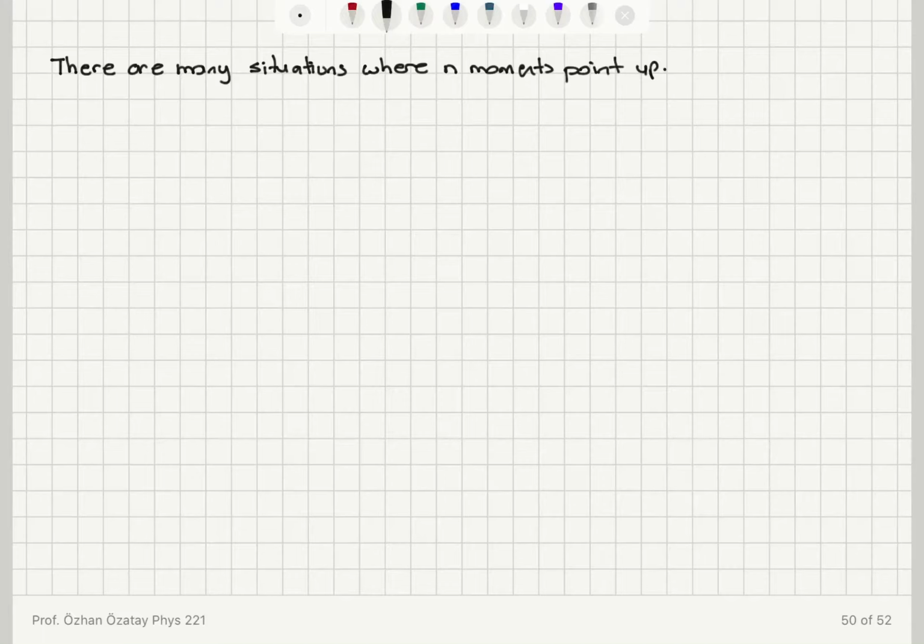Okay, so the answer is given by combinations. In mathematics we call this combination, and that's the symbol we use.